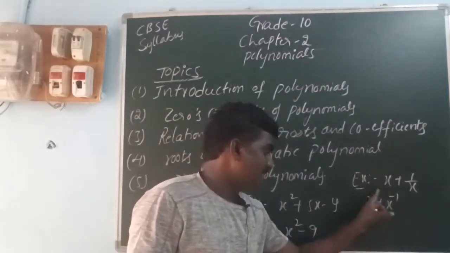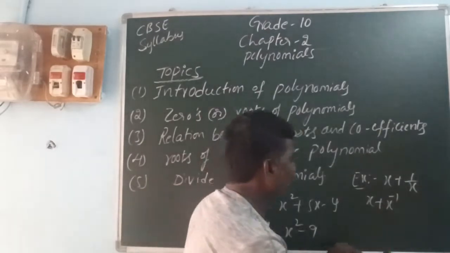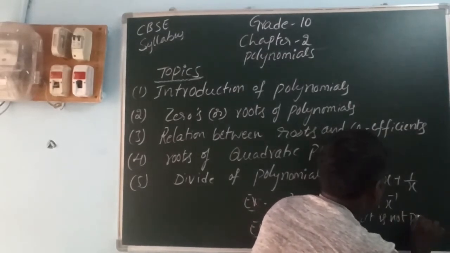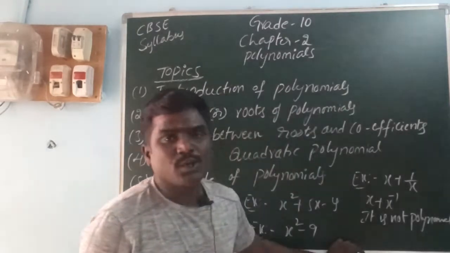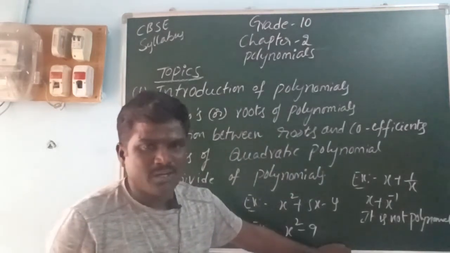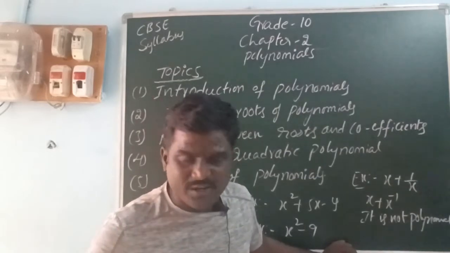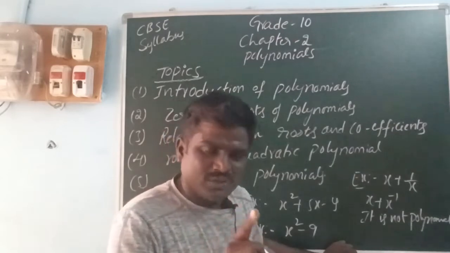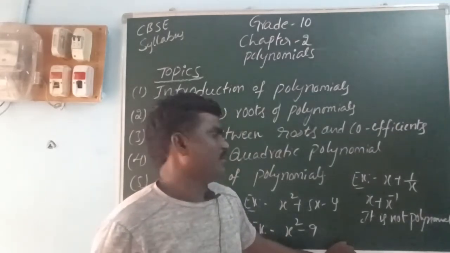The degree of x is 1, and here the term degree is minus 1. Therefore it is not a polynomial. So polynomial means the degree of each term is a non-negative integer. Non-negative integer means only 0, 1, 2, 3, 4, 5 and so on. If its degree is either negative or a fraction, then it is not a polynomial.